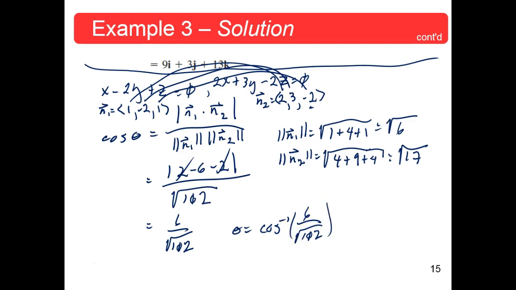And again, use your calculator. Would it be 0.5? It has some more decimals. Yeah, 0.5409. Yeah, okay. And then do the inverse cosine of that number.